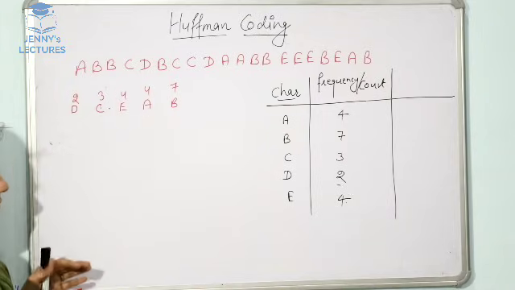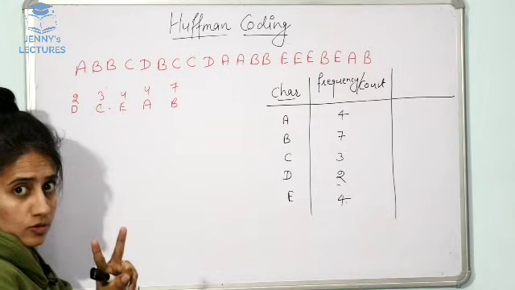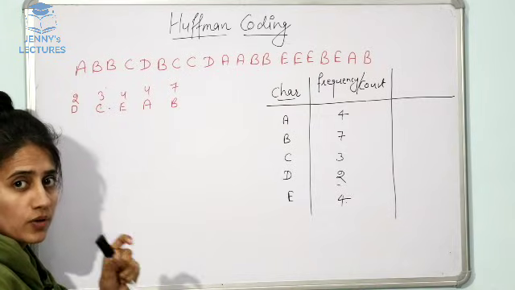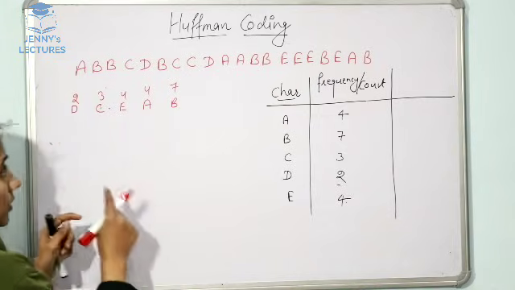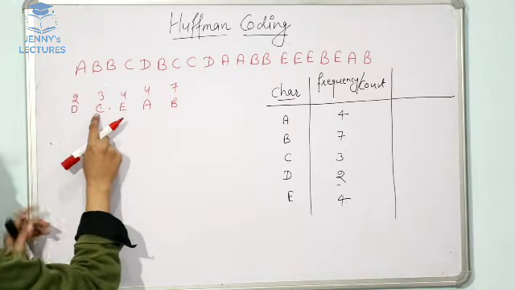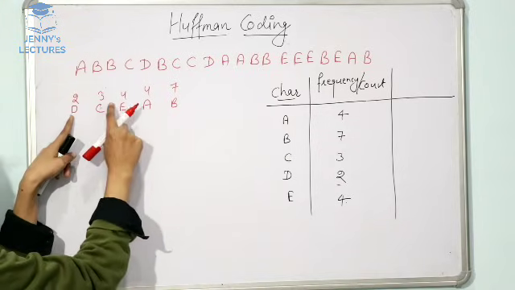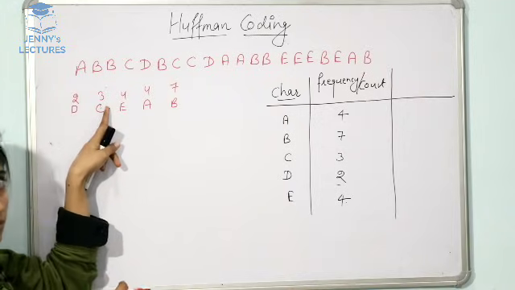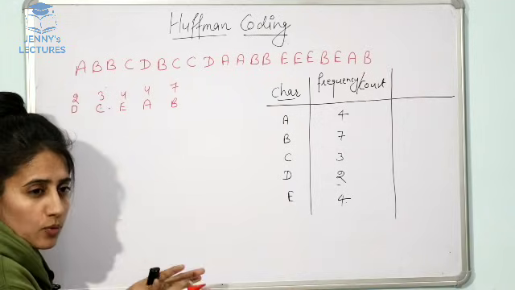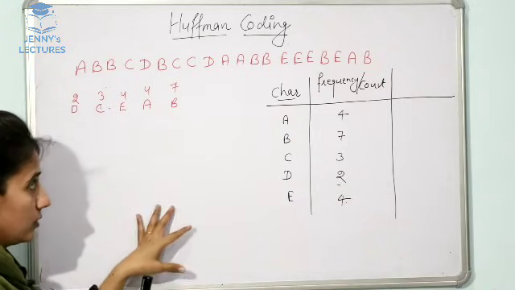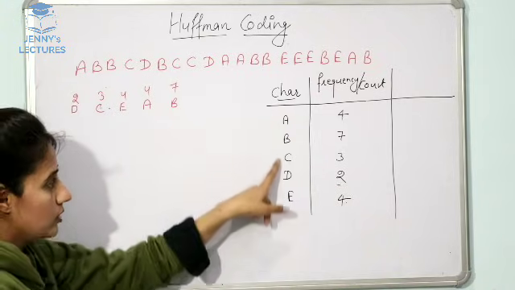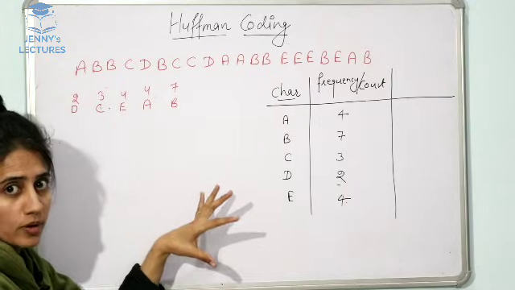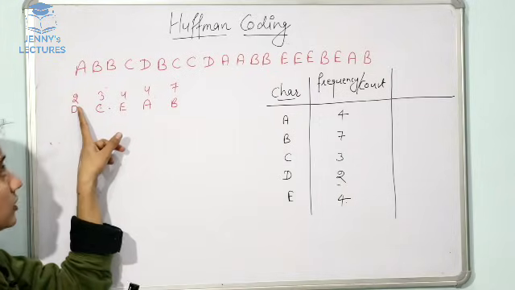Now first of all, take two characters which have the least frequency or least count. Which two characters? D and C, because out of 2, 3, 4, 5 and 7, which are least? 2 and 3. While writing a program, you can say we arrange these characters in a priority queue, and the priority depends on the frequency count.